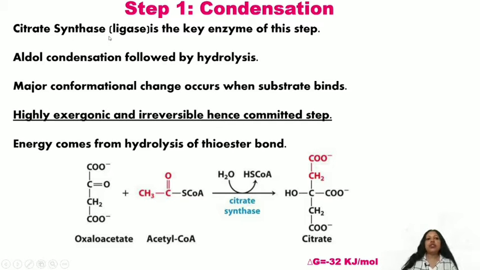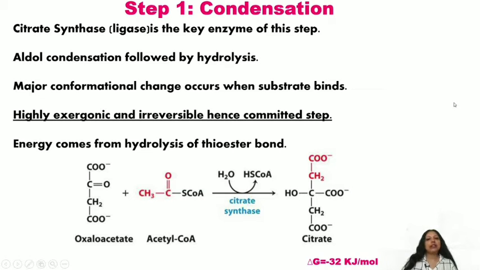Whenever we talk about synthases, you should know that synthases are ligases, because these cause the joining of 2 molecules, and their beauty is the formation of a carbon-carbon covalent bond, correct? So this is an aldol reaction followed by hydrolysis, and it is one of the few enzymes which causes a major conformational change when the substrate binds. We have discussed hexokinase, which causes a conformational change.